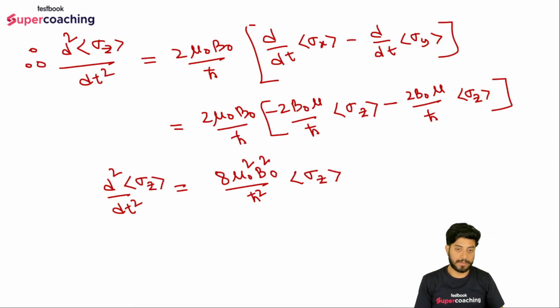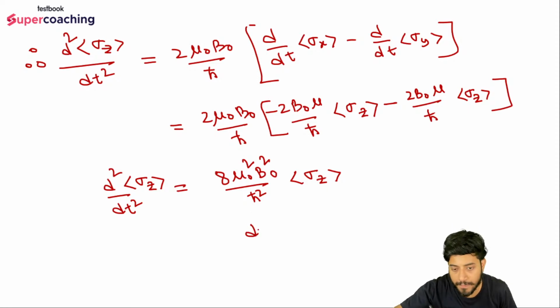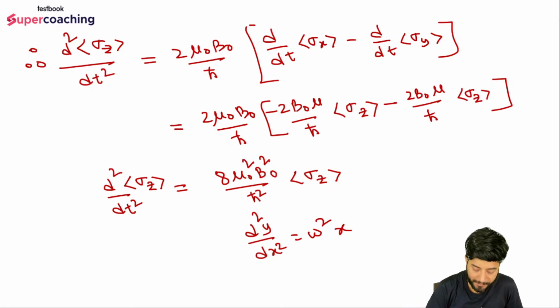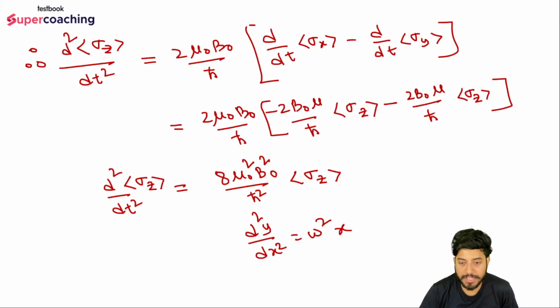So if I have this formula, d2y dt2 or d2y dx2 equals omega square x, this function is d2 by dt2 omega.